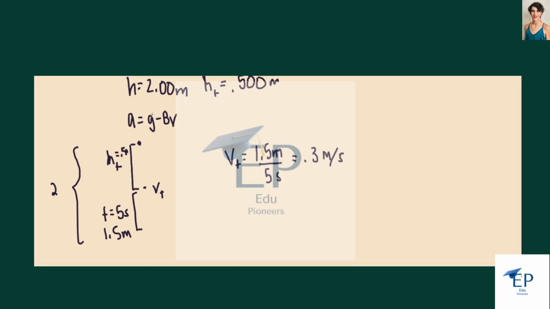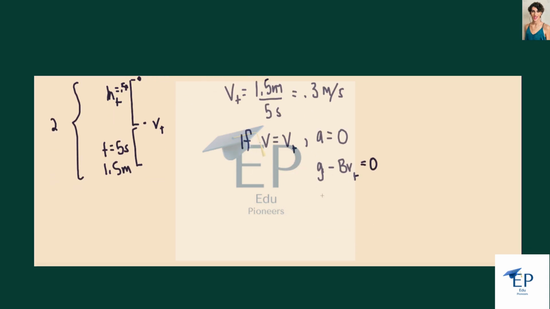And we know that once it reaches its terminal velocity, so if V equals VT, then A is equal to 0. Like that's kind of the definition. So we know G minus B VT is equal to 0. And there we go. We get B is equal to G over VT.